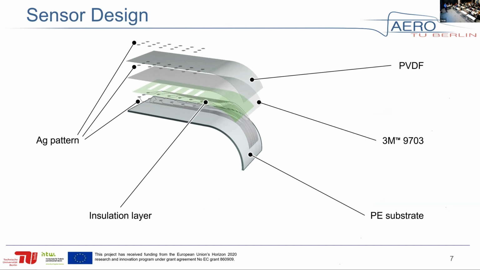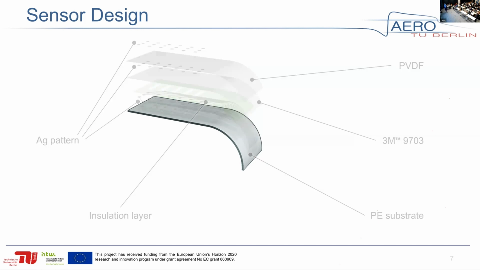We are screen printing an insulation layer to reduce the noise from the wires. And then we have a special conductive layer that is conductive only in the thickness direction, so it's anisotropically conductive. And over that we have our piezoelectric active polymer, with the silver ink on both sides to act as active elements.